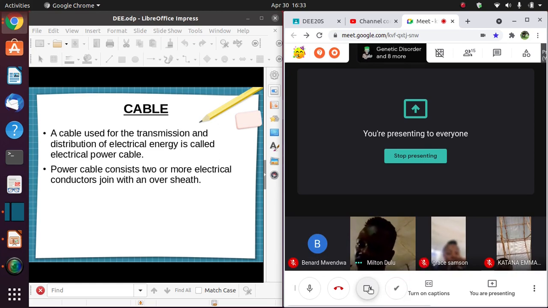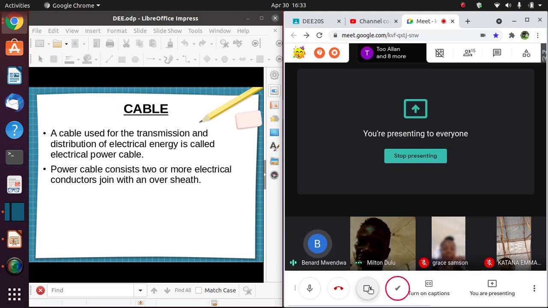Nice try, but that's not the answer. The wire is the conductor, while the cable is an extension, which most of the time is sheathed.